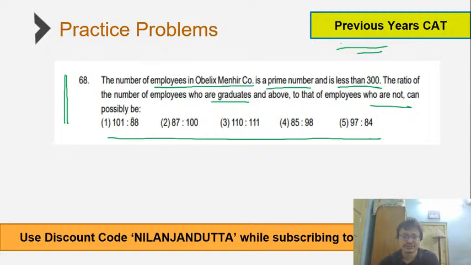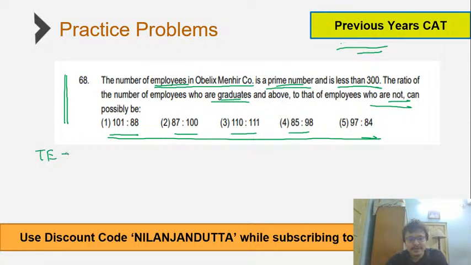So how do we do this? Number of employees, we need to break it up into graduates and those who are not graduates, and then look at which of these can be the ratio, given that total employees is a prime number less than 300. So what is total employees?